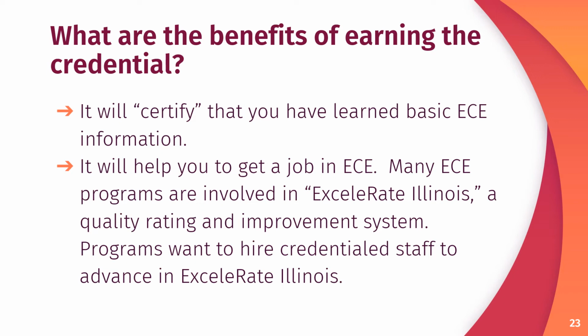So we will be talking more about Accelerate Illinois at a different time in our class. But for now, I want you to know that programs want to hire credentialed staff because it will help them to advance in Accelerate Illinois. So by earning the credential, it makes you more attractive to employers.